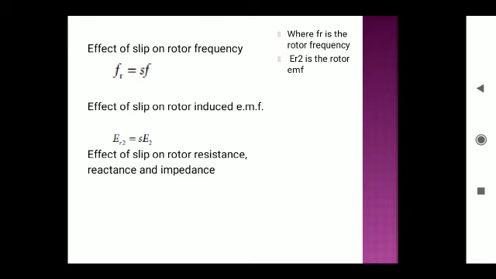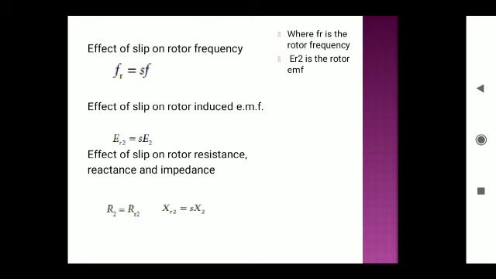And the effect of slip on rotor resistance, reactance and impedance, that is R2 equals Rr2. Actually the resistance is constant for standstill mode as well as for the running mode, and Xr2 equals S into X2.